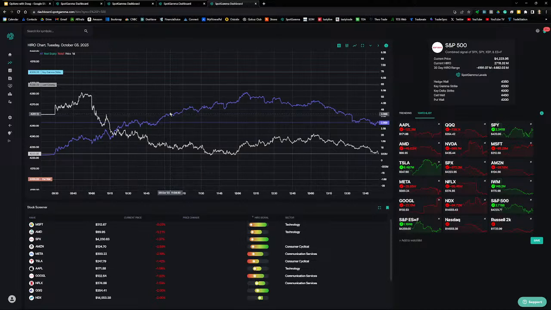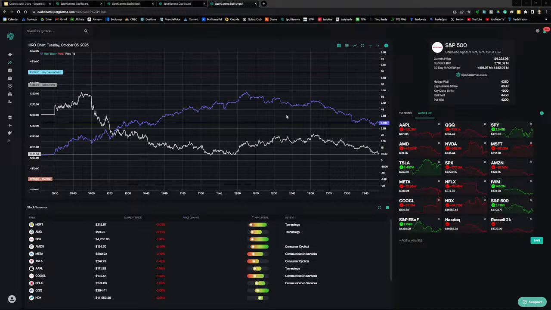This is the hero signal, hedging impact real-time options, from SpotGamma, available to SpotGamma subscribers. What this chart is showing is, first of all, price with a white line for SPX, and the hero signal with a purple line for a combined signal of SPX, SPY, XSP, and ES futures.